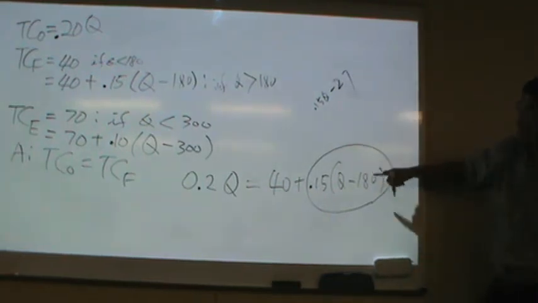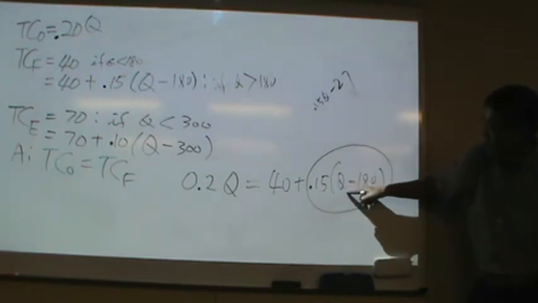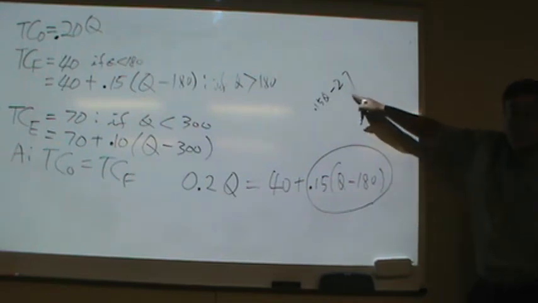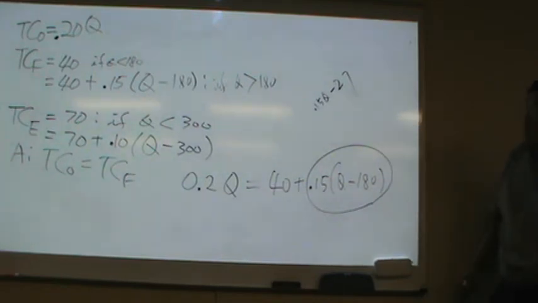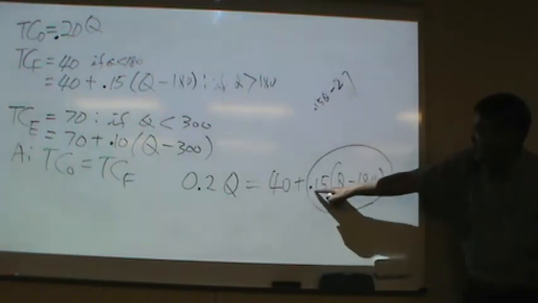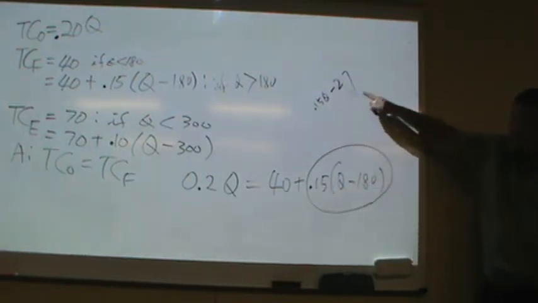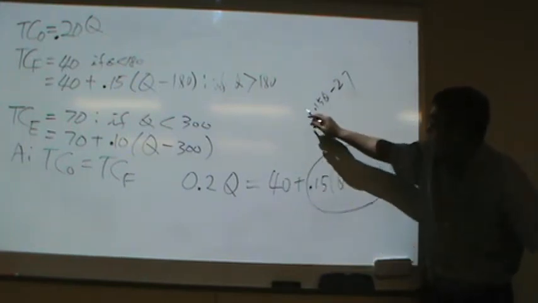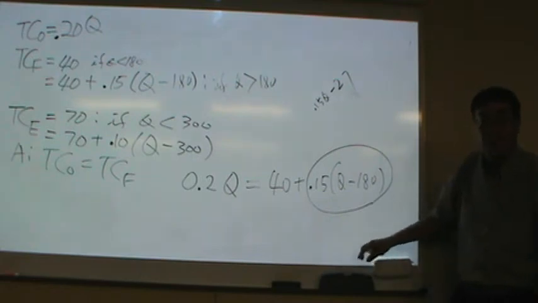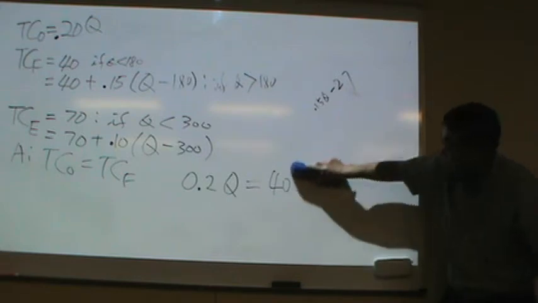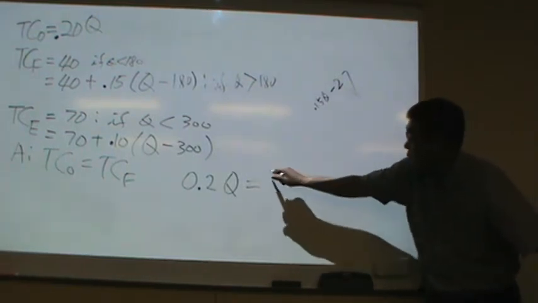This one, 0.15 Q, 0.15 times 180 equals 27. So minus 27. 40 minus 27 is 13. So we can change this one to 13.